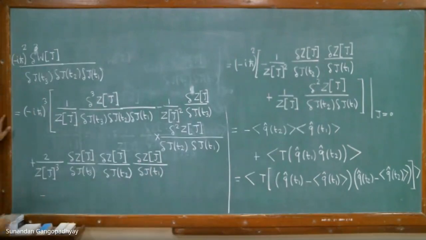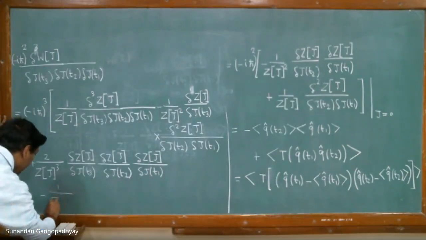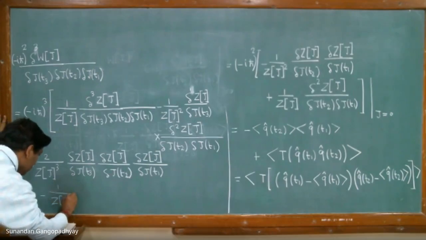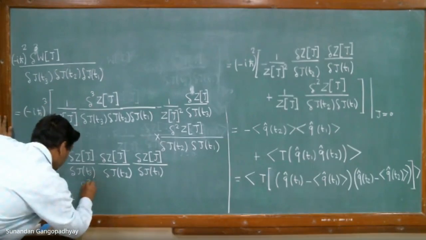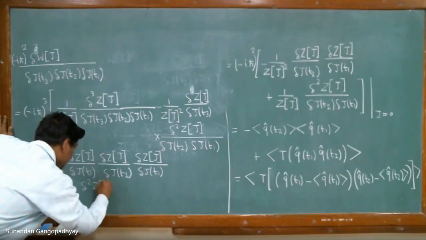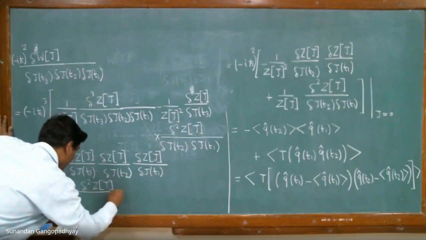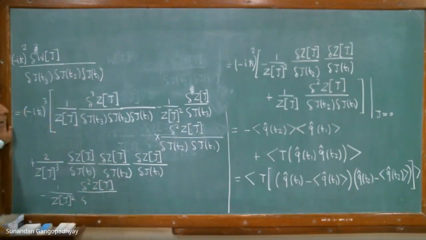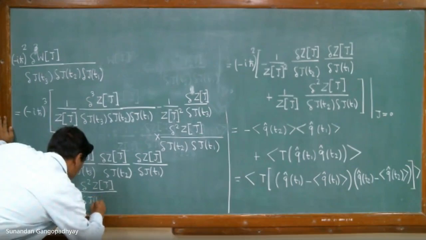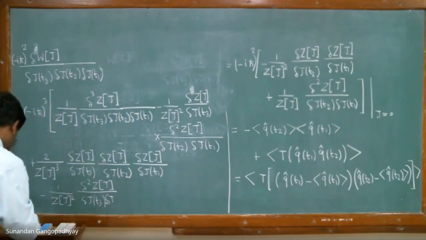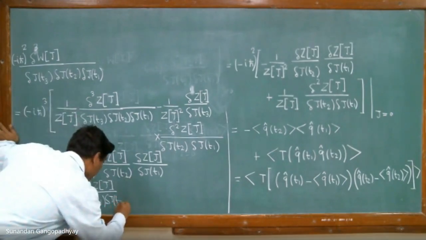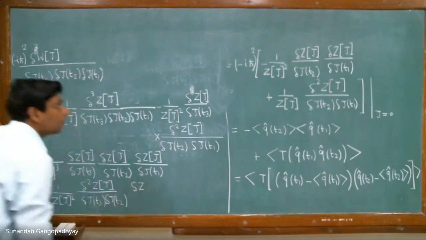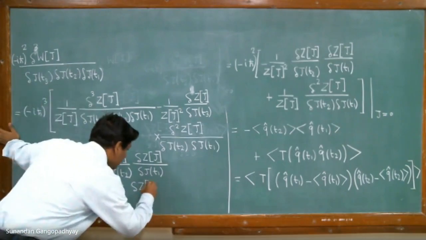So that will give us minus 1 by Zj square del 2 Zj del j T3 del j T2 times del Zj del j.